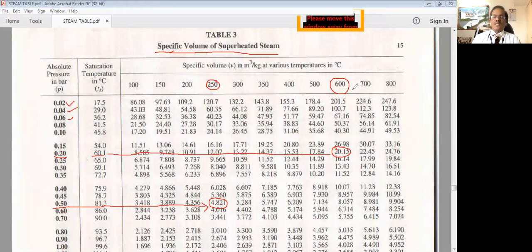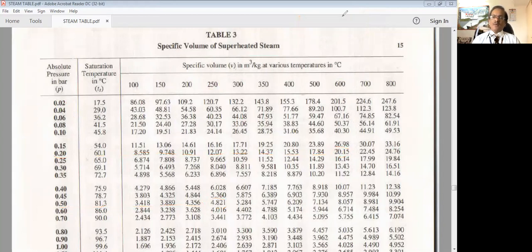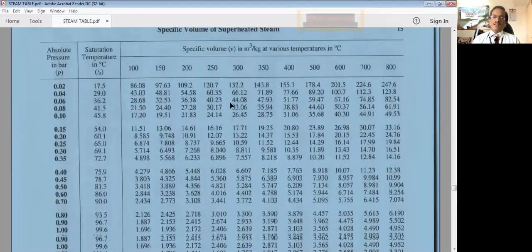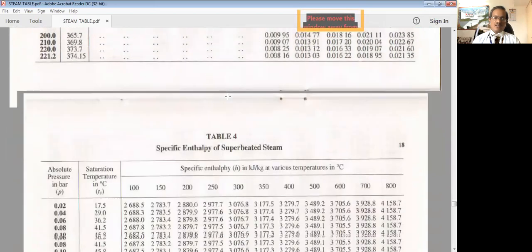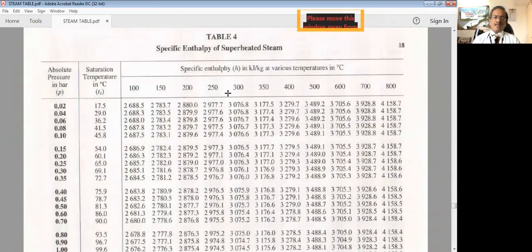For superheated steam properties, it requires both pressure and temperature. So here we have studied how to read the property of superheated steam for specific volume. Similarly, we can also read the properties for the enthalpy as well as for the entropy. The next table here indicates the value of enthalpy for superheated steam.